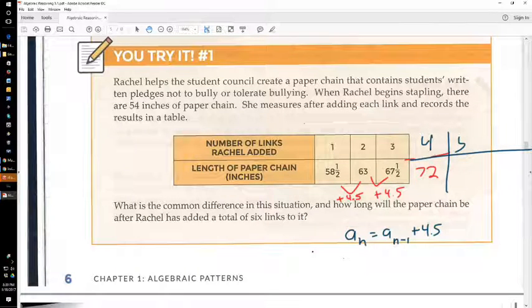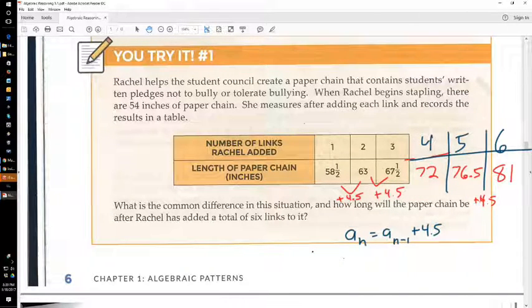For number 5, take the one before it and add 4.5. So 72 plus 4.5 is 76.5. All right. For number 6, take the one before it and add 4.5. That would be 81. Okay.